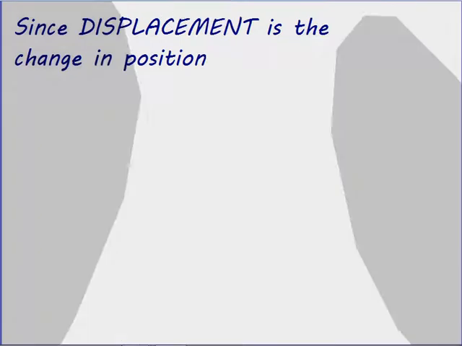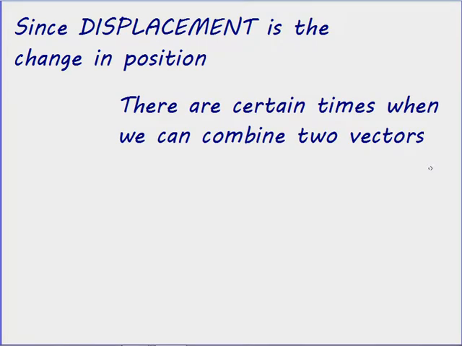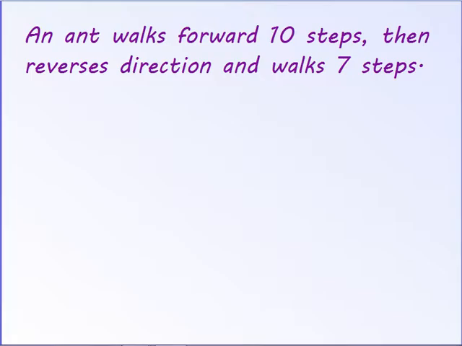And finally, since displacement is the change in position, there are certain times when we can actually combine two vectors. Let's look at one of those now. An ant walks forward 10 steps, then reverses direction and walks 7 steps the other way.